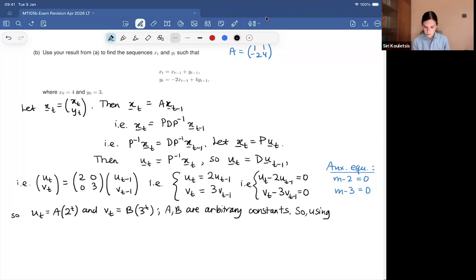And now we go back to xt by using xt is P times ut, where again P is the matrix we found in part A.